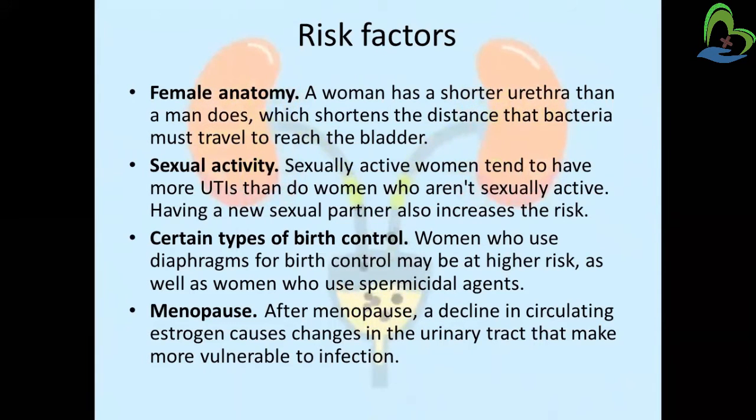Having a new sexual partner also increases the risk of UTI. Certain types of birth control, women who use diaphragms for birth control may be at high risk, as well as women who use spermicide agents.